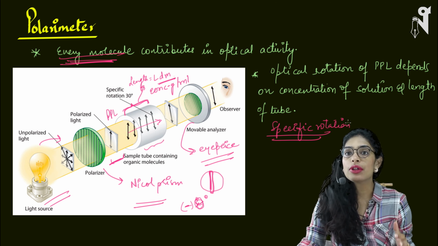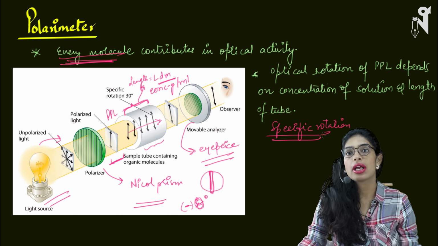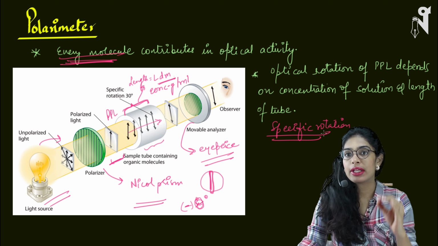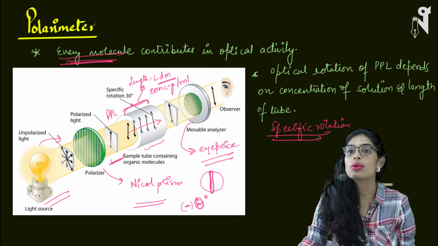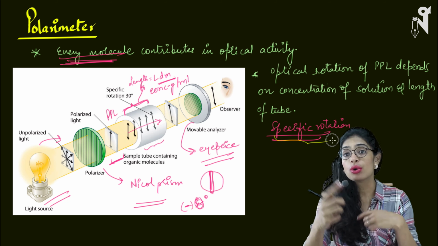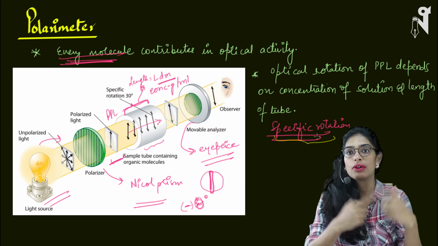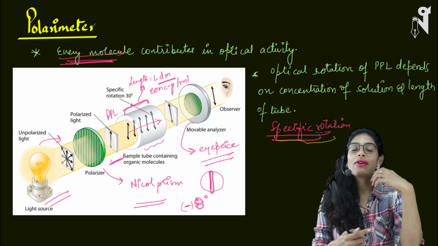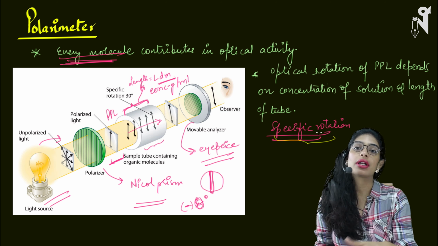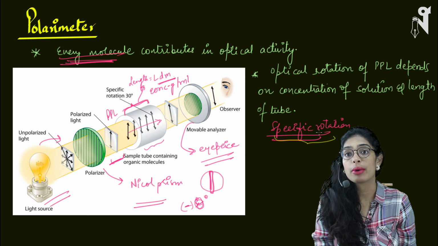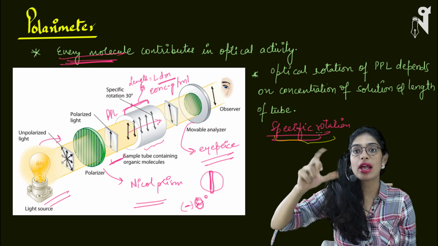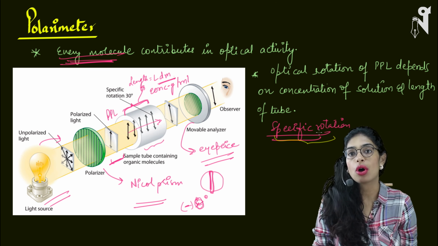Specific rotation is the value of rotation at a fixed wavelength and fixed temperature, and this value is not going to change though the length and concentration vary all the time. The values of length and concentration can vary, but the specific rotation that comes out will remain fixed. So the values will change, but the ratio will always be fixed.